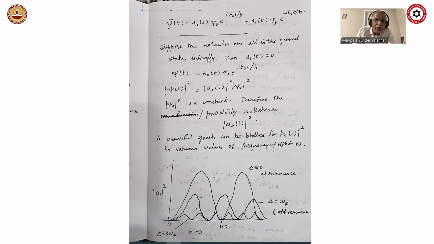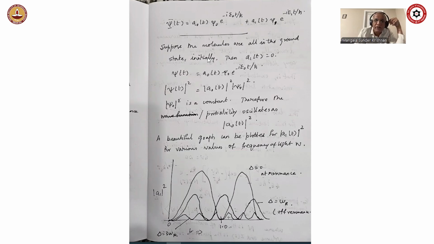So if you plot A1 square as a function of t, you can see when delta is 0, that is the resonance, it's a huge amplitude oscillation. You see two oscillations. But if delta is slightly away from 0, so let's make delta equal to omega r, then you see that the oscillations are smaller amplitude.